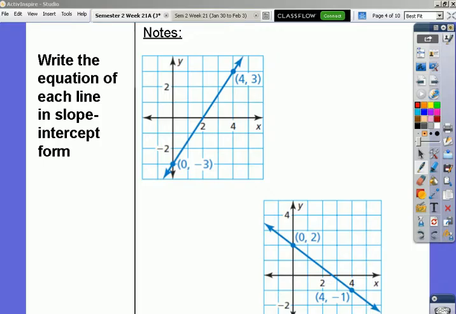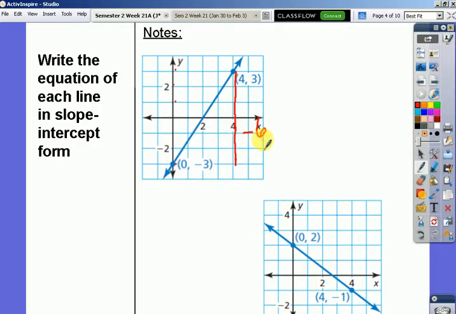So if I start here, remember you can start at any point you want, either 0, negative 3, or 4, 3. I'm going to fall 1, 2, 3, 4, 5, 6 units. You want to make sure they're going by 1s or 2s or whatever. They're going by 1s. This goes down 1, 2, 3, 4, 5, 6 units.